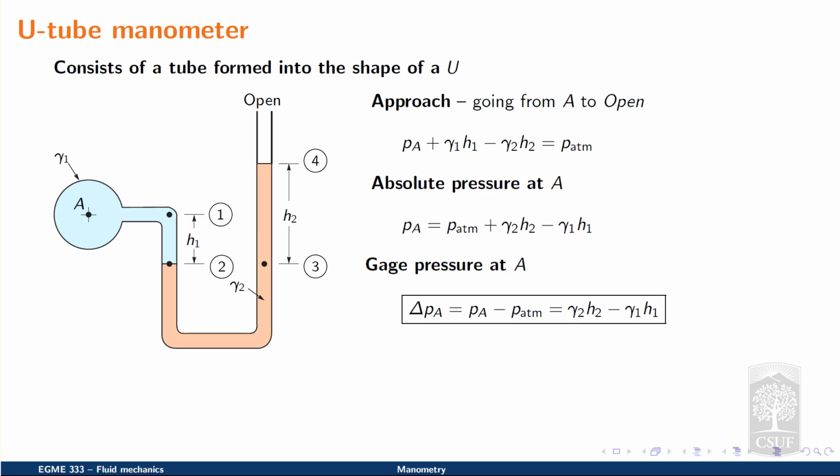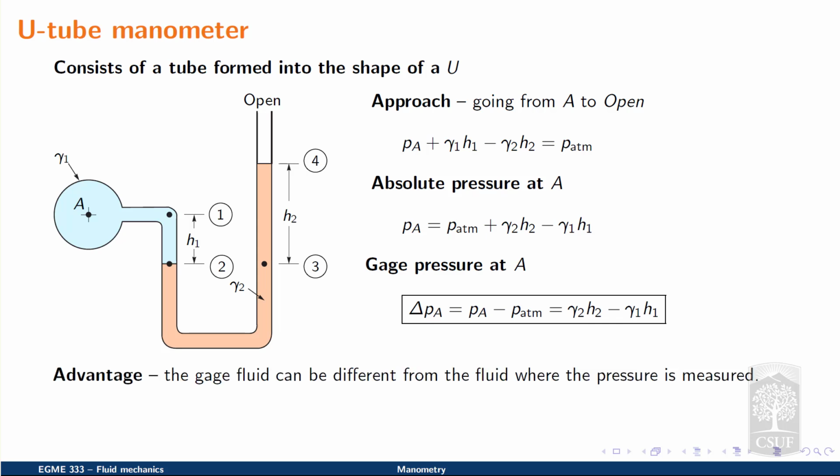If I was interested in the gauge pressure at point A, I can subtract the atmospheric pressure and end up with the gauge pressure at point A as gamma sub 2 times h sub 2 minus gamma sub 1 times h sub 1.